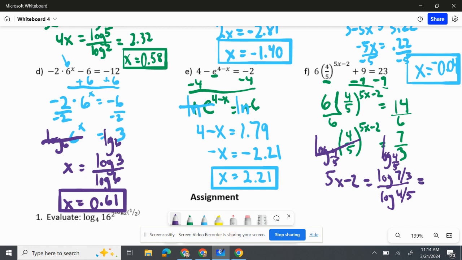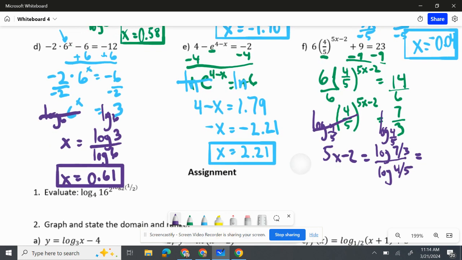That gives me negative 3.80. I'm going to add 2. That gives me 5x is equal to negative 1.80. I divide by 5, and I get x is equal to negative 0.36.